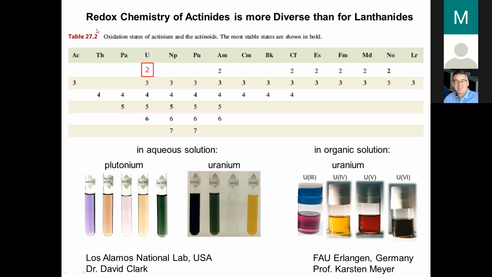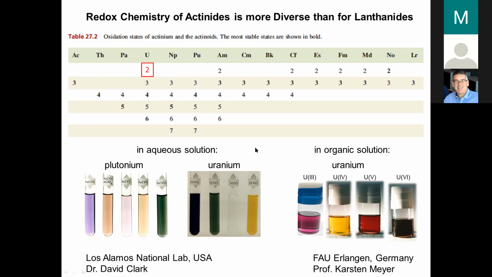One of the additions I want to make to your table as we go through this during the lecture: uranium +2 has by now been a stabilized oxidation state for almost 7 years. Also, thorium complexes with the oxidation state 3+ are getting more abundant, and I think Frank Lappert also published on a thorium +2 complex. So there is higher redox reactivity on the left side of the actinides.